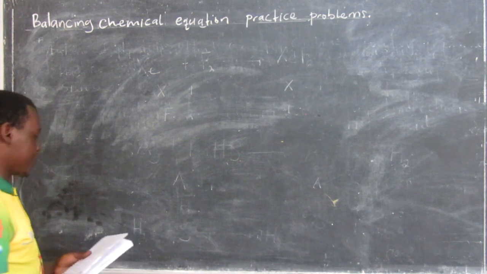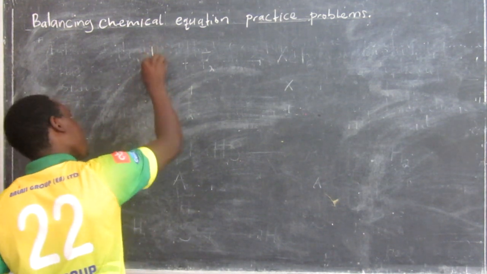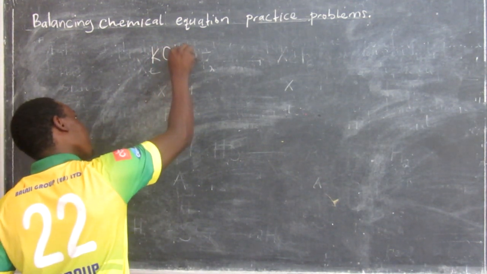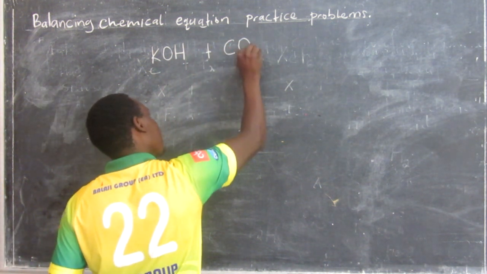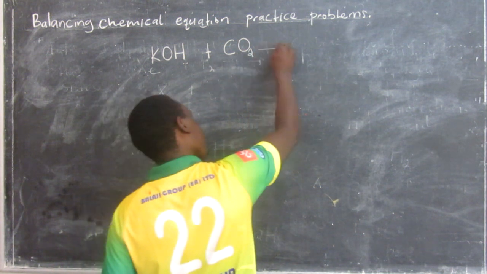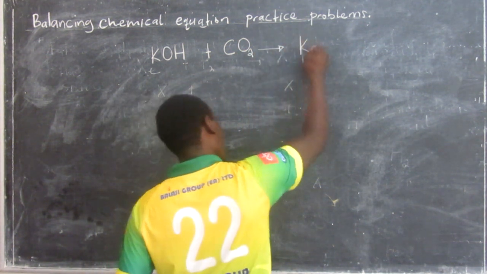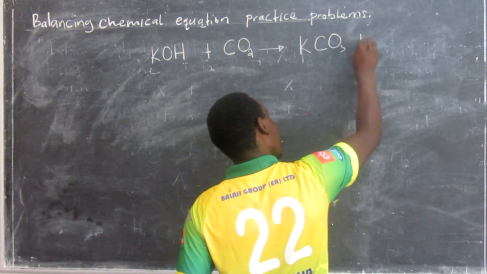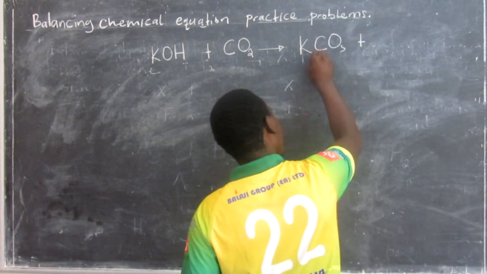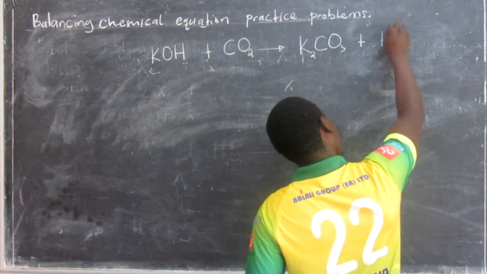Another example, we have potassium hydroxide plus carbon dioxide, giving potassium carbonate plus water.